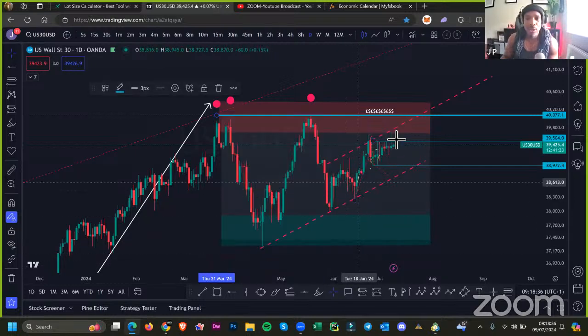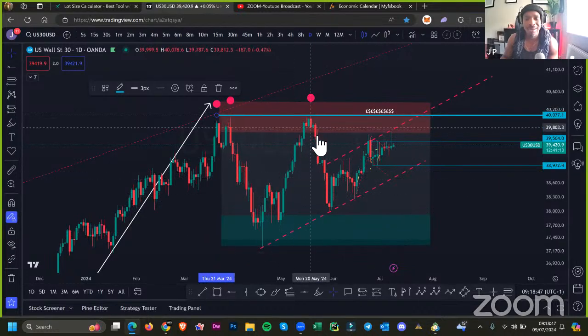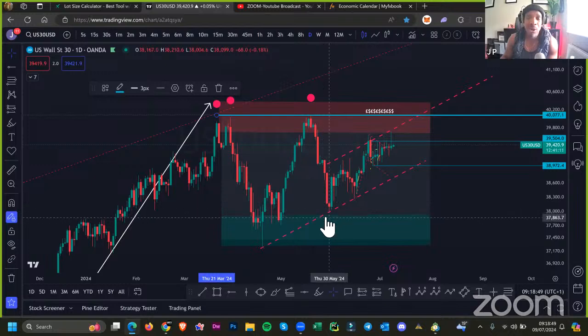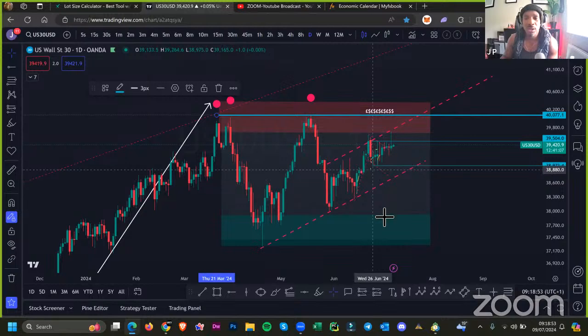We're currently near the premium, but this liquidity is a concern of whether this market wants to take it first. We've come down here to a discount, pushed up into a premium, came back down to a relative discount, but we are making these higher lows, which is a concern. I'm not over the moon with this at the moment.